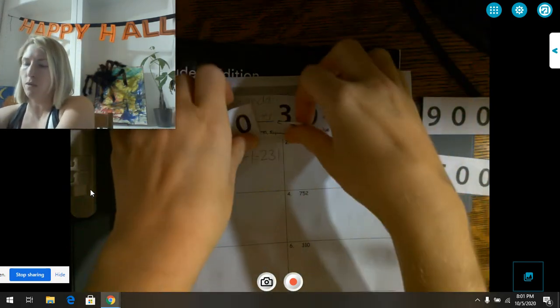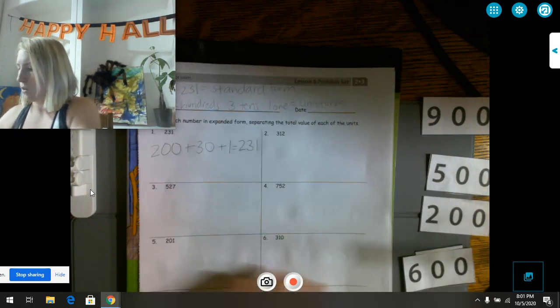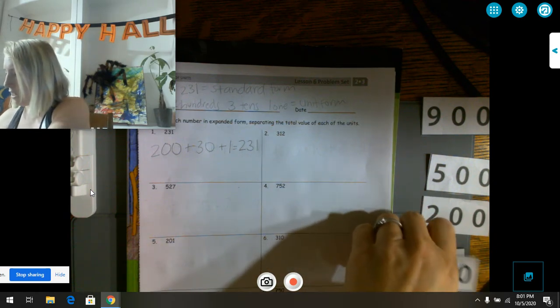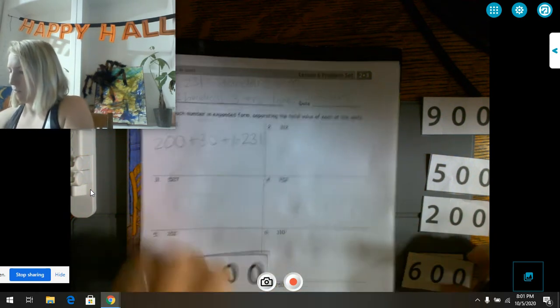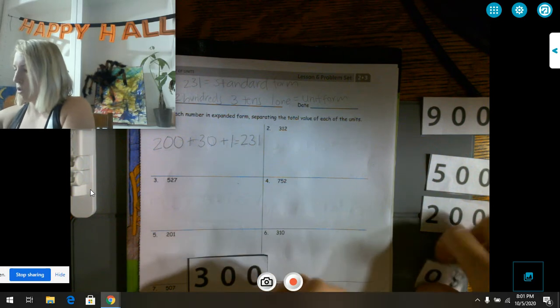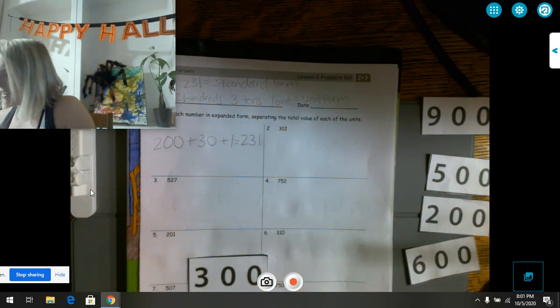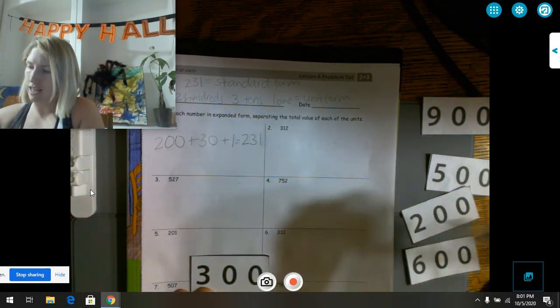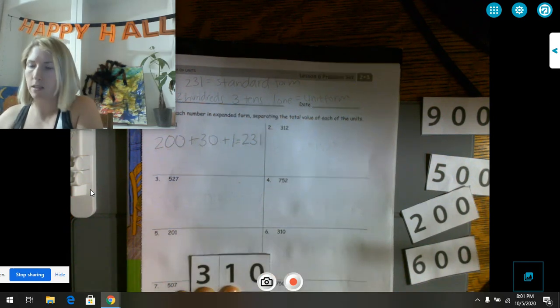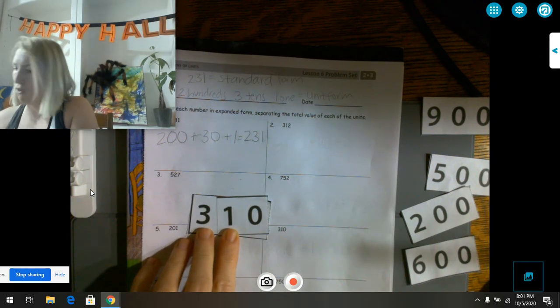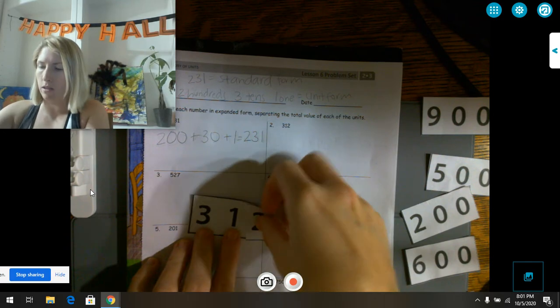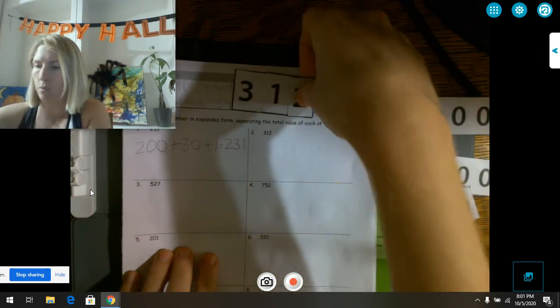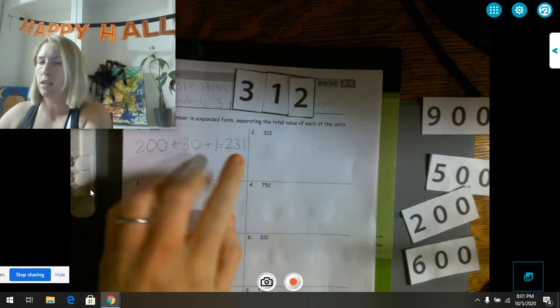All right, let's look at the next one. We have 312. So we're going to need our 300. And we don't have a 12 card, so we need to use our 10 to get a 1 in the tens place. And 12 has a 2 in the ones place. So there's our hundreds and our tens and our ones. 312, it looks just like this number.